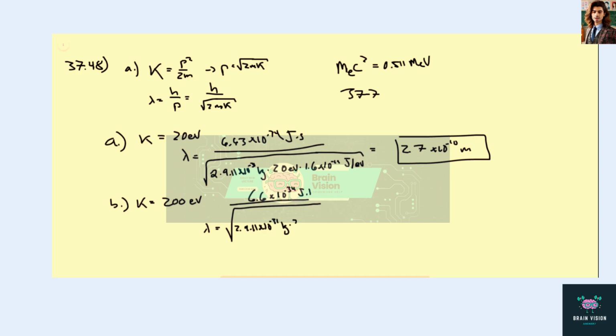Plug it all in. Now we have 200 electron volts, and convert back to joules. And that's it. Plug all that in our calculator, and it comes out to be about 8.7 times 10 to the negative 11 meters.